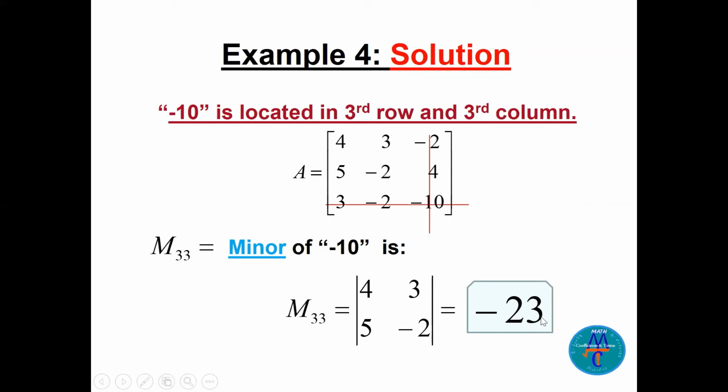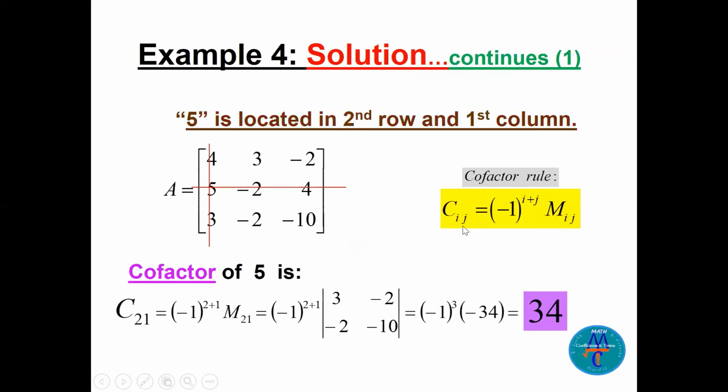That's it. Now, let's continue and find C21. Where is C21? Second row, first column. Second row here is the 5. Second row, first column, C21. So what's left here is 3, minus 2, minus 2, minus 10.